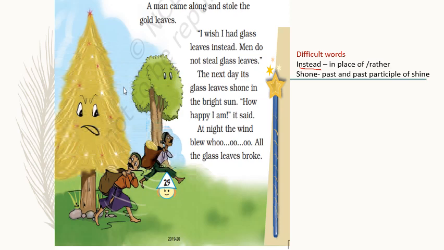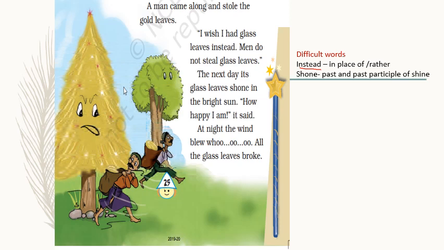It wondered that now it had gold leaves and nobody could eat them, especially the goat cannot come and eat them. So it was relaxed, but soon its happiness turned into sadness. When a man, means the thief, the robber, came and stole all its gold leaves. It became sad. And the next morning, again it asked for the third wish.